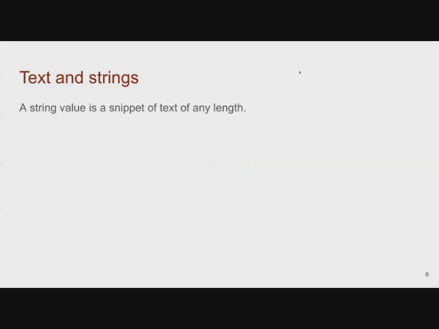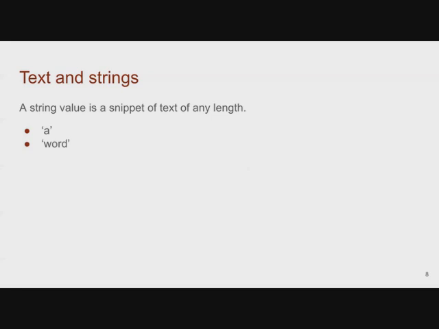Okay, and so what is a string? A string is really just text of any length. And how do we denote strings? We put them in either single quotes or double quotes. This first example here is a string of length 1 that contains the letter A. We can have strings of any arbitrary length as long as they're enclosed in either single quotes or double quotes.